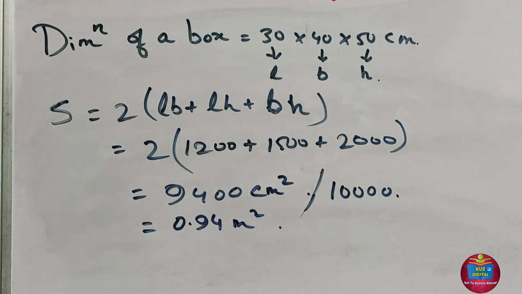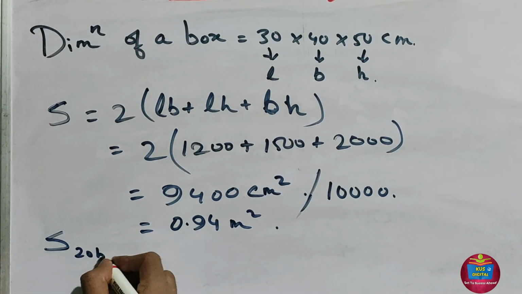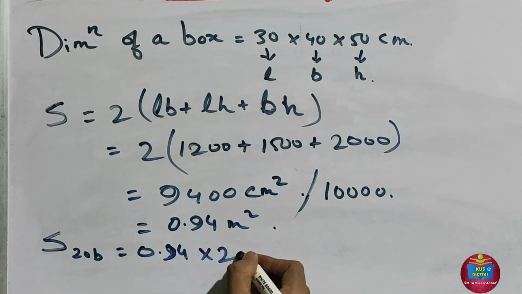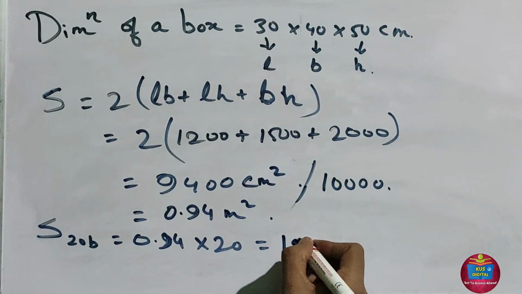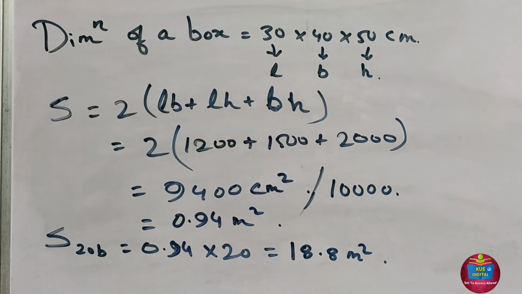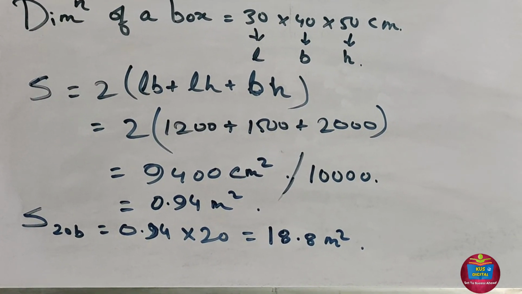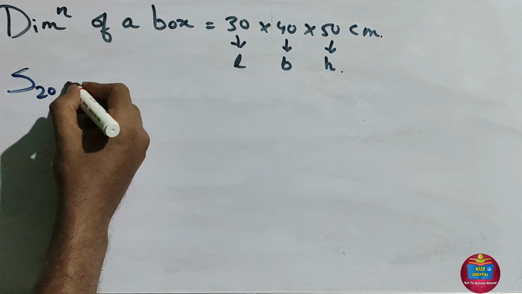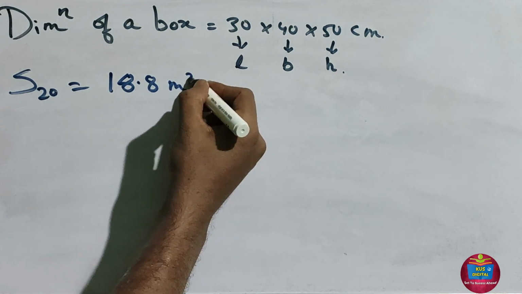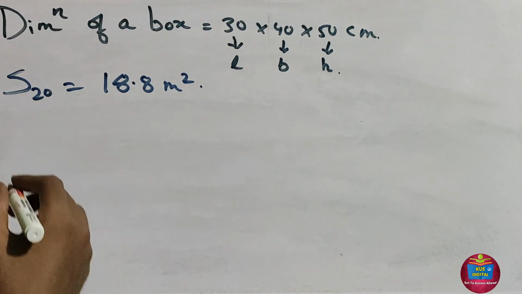Now we have to manufacture 20 boxes. So the surface area for 20 boxes equals 0.94 into 20, that means 18.8 meter square. Now we have got the surface area of the 20 boxes, that means we got the amount of tin required for 20 boxes, equal to 18.8 meter square. Now the price of tin per meter square is rupees 10.